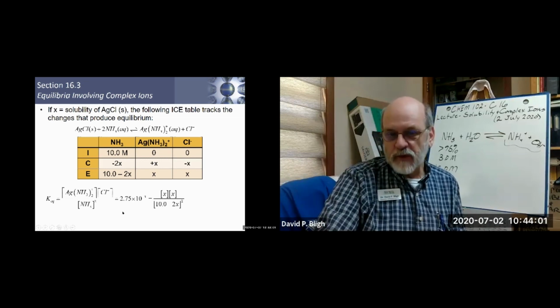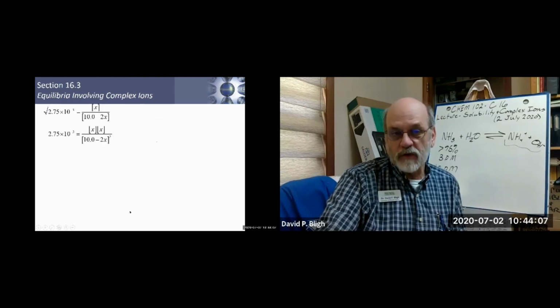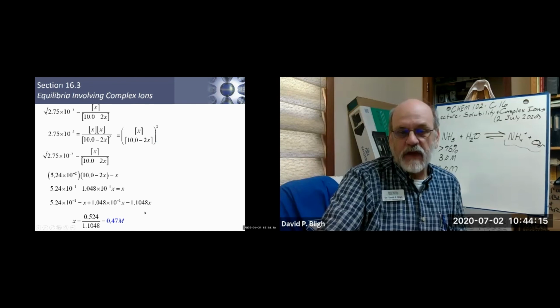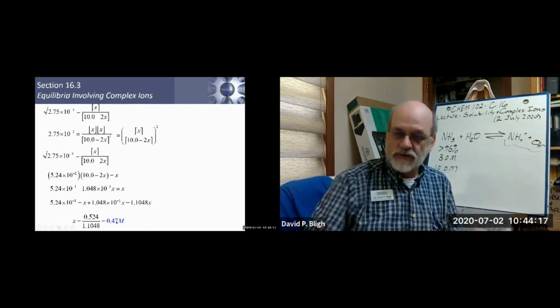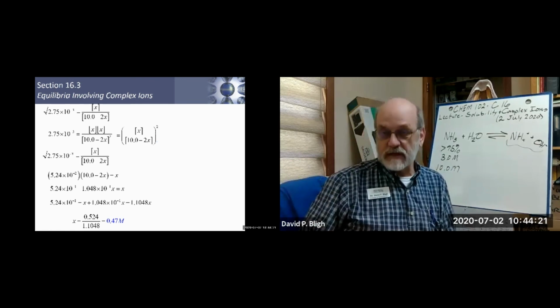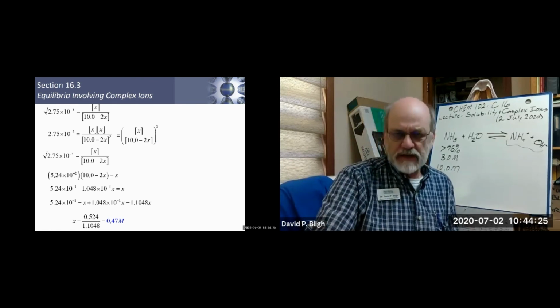Then we end up solving the problem for solubility, which is, we'll get there eventually. Right. So the solubility now is 0.47 instead of 0.14. Right. So the solubility goes up even higher with the addition of extra ammonia.